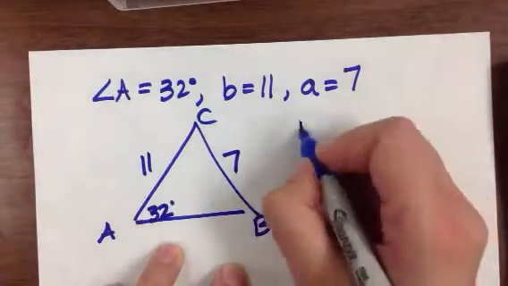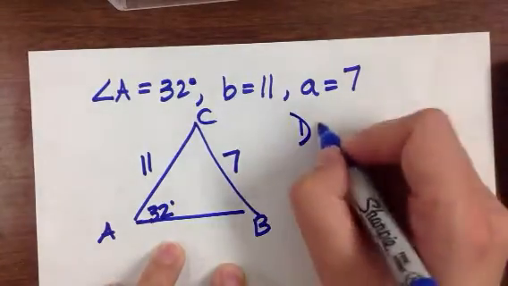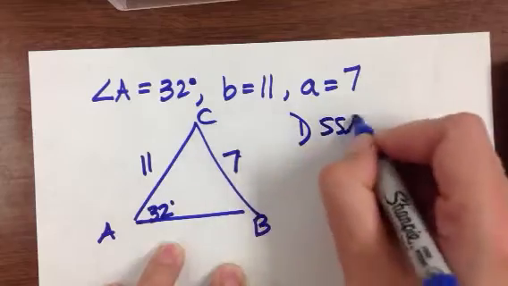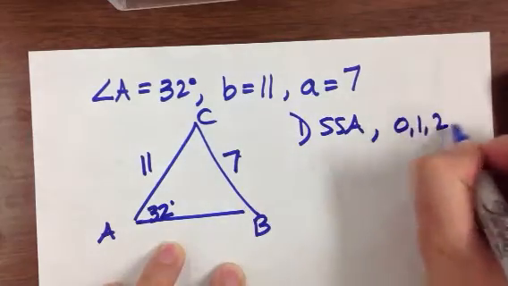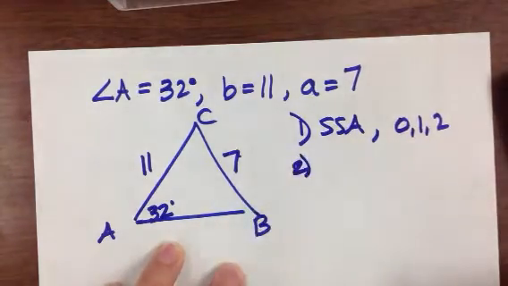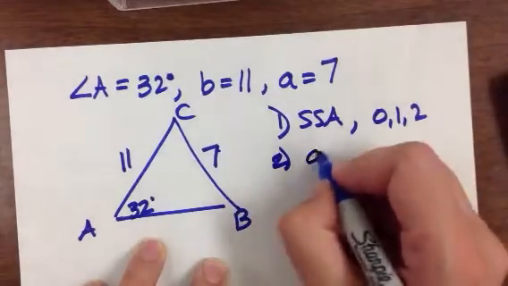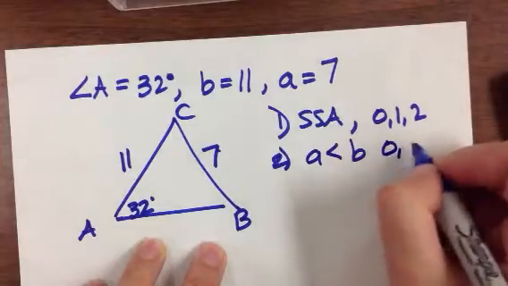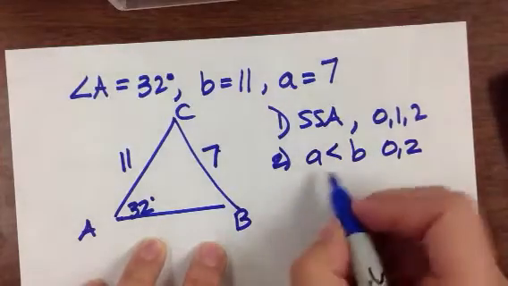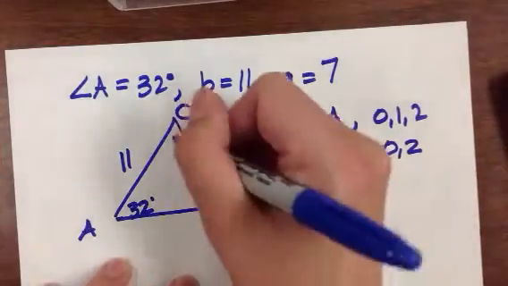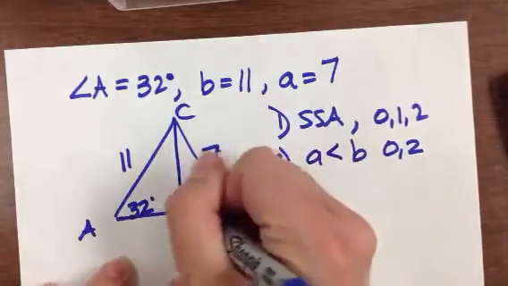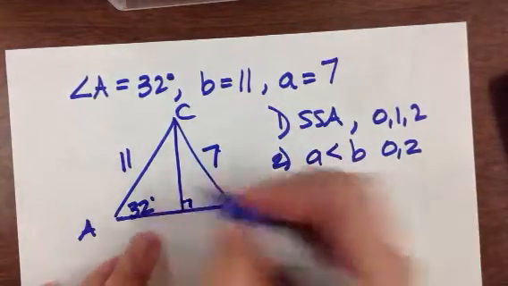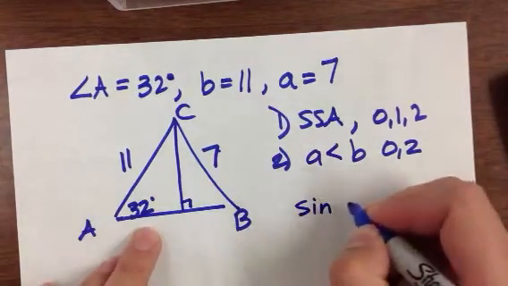So in step 1, what type of triangle do you have? I have side, side, angle. So that means I have 0, 1, or 2 solutions. Step 2, I look at A is smaller than b. So that means I either have 0 or 2 solutions. So now I need to find the height. The height is dropped between the two given sides; we drop an altitude, and we see what is the actual height of this triangle.